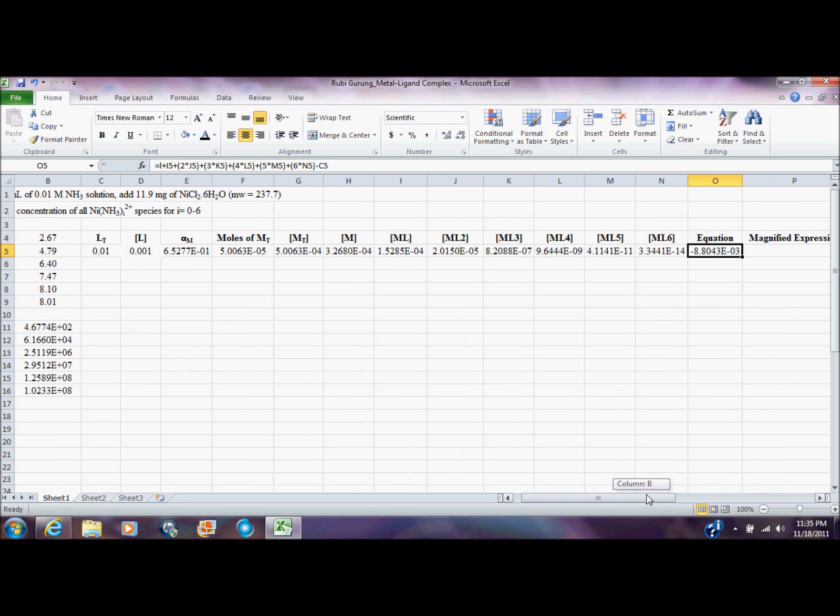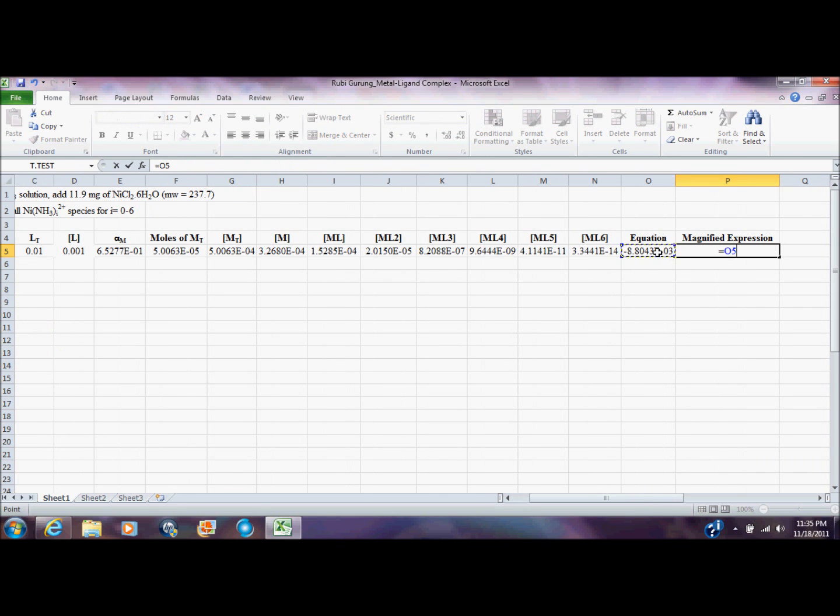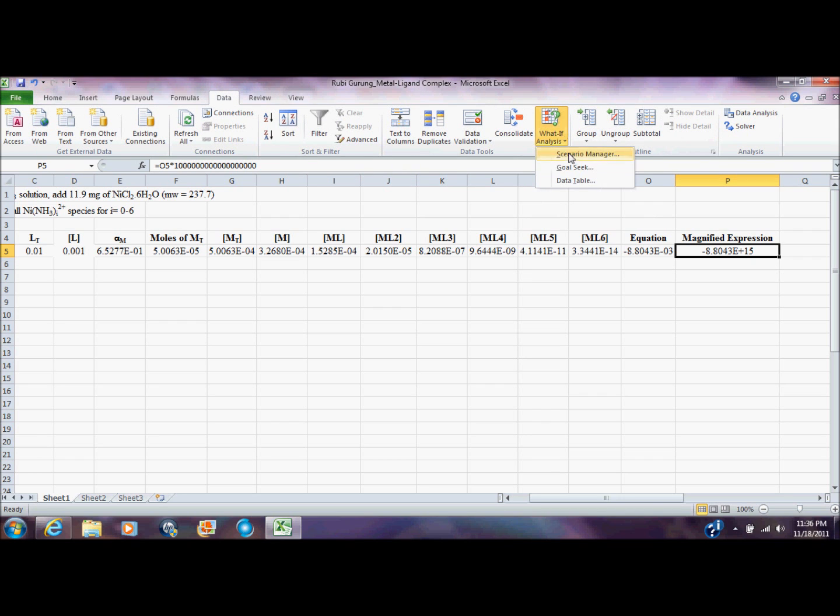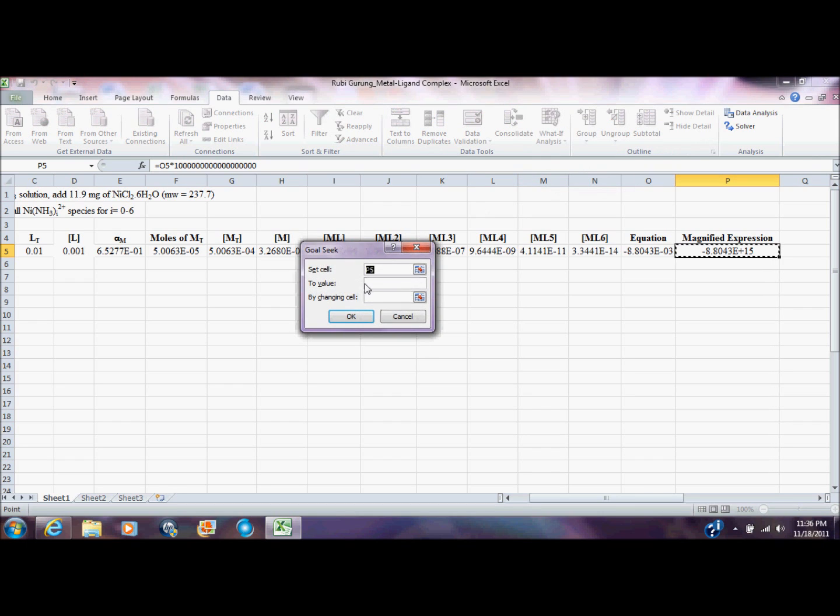As you can see here, we haven't got 0 yet, so let's multiply this number by a very large number and hit enter. Then select the cell, go to Data, What-If Analysis, Goal Seek, and set this value to be 0 by changing the cell of the ligand concentration and hit OK.